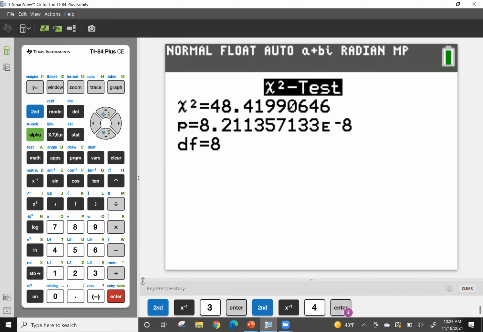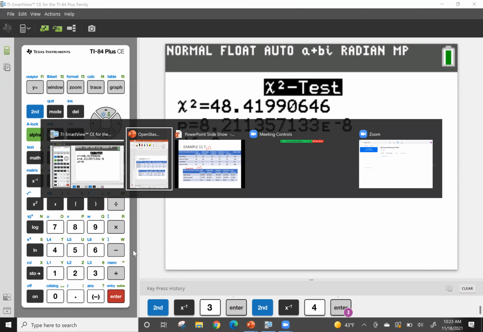That is 0.0, there's 7 zeros and an 8, 0.708. That's an itty bitty teeny weeny p-value. So my skepticism was founded because I said they got to be related to each other. They cannot be independent. They've got to be dependent on each other, and they are.